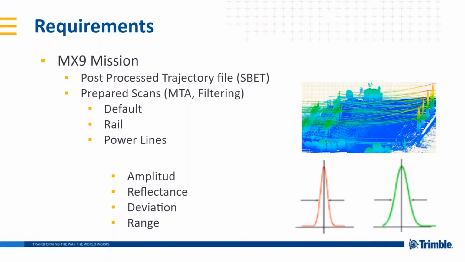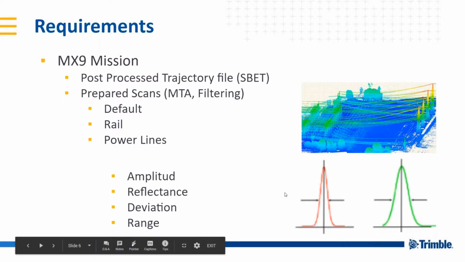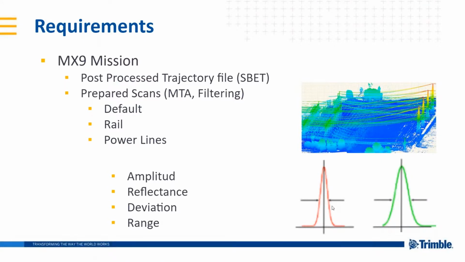Another important feature that we will use in the filtering is the deviation. The deviation we will see in the lower right-hand side of my screen. We will have the shape of the returning and emitted pulse, and the deviation is the comparison of the difference between the shape of the emitted pulse against the returning pulse, by comparing the area below the curve of this shape.